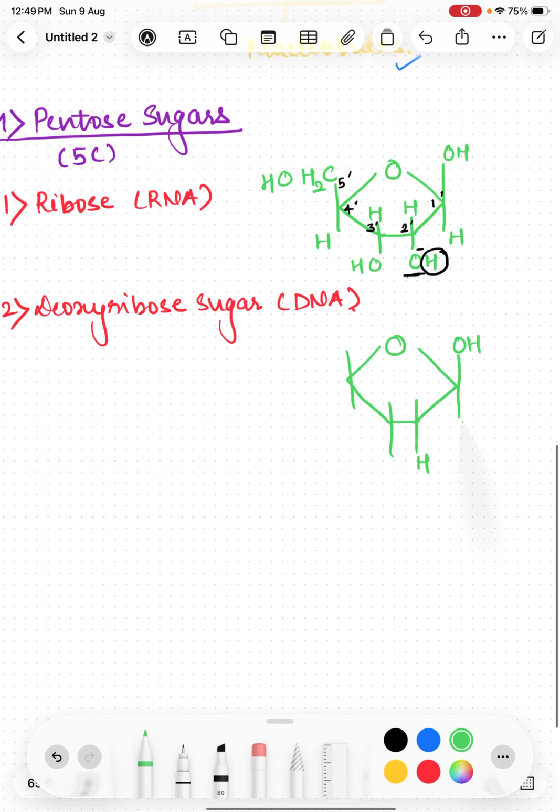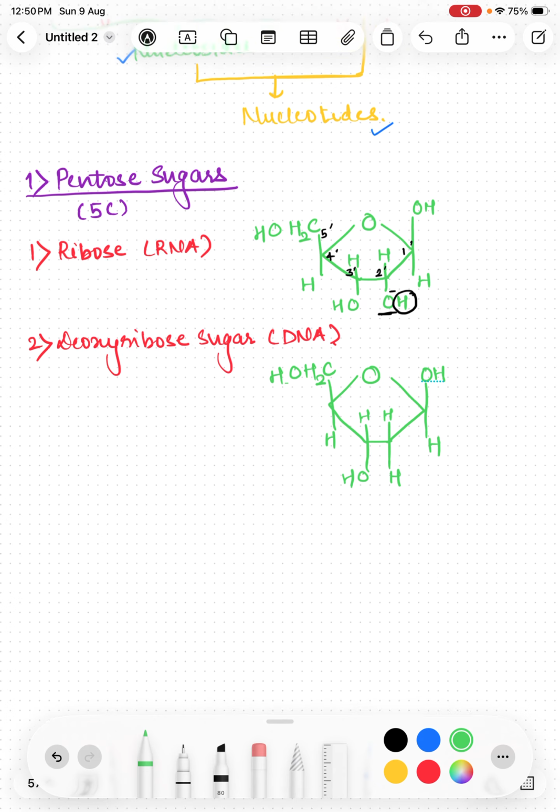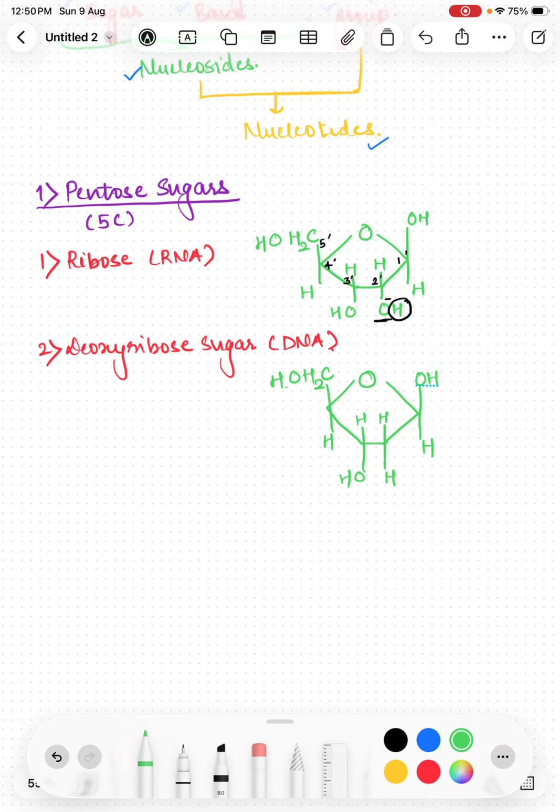Thus it is called as deoxyribose sugar. This is the only difference between the pentose sugars of RNA and DNA.